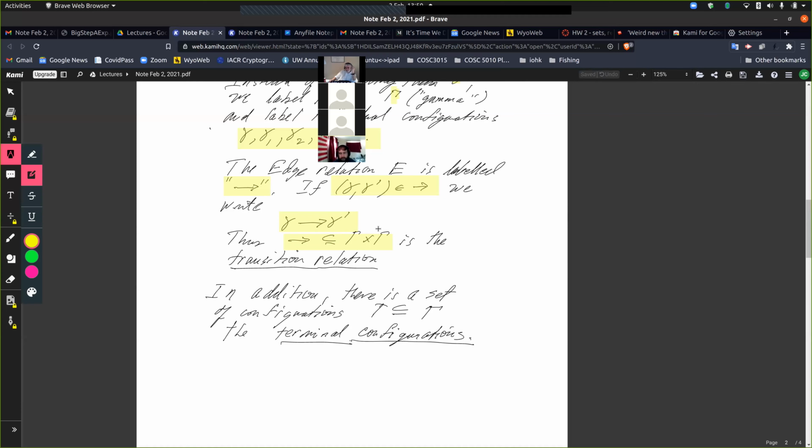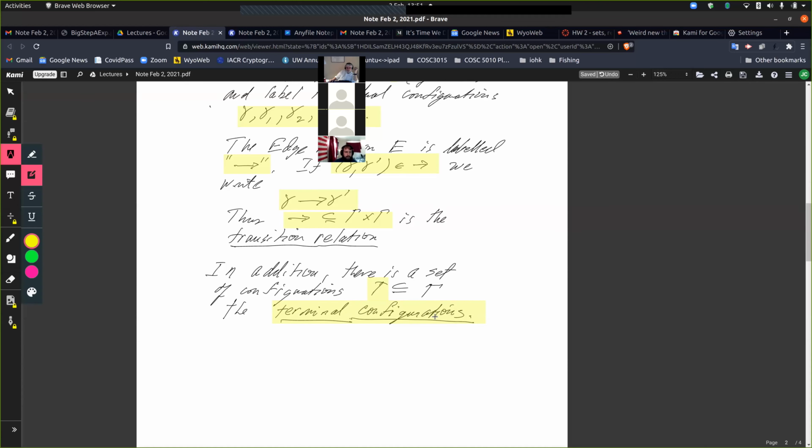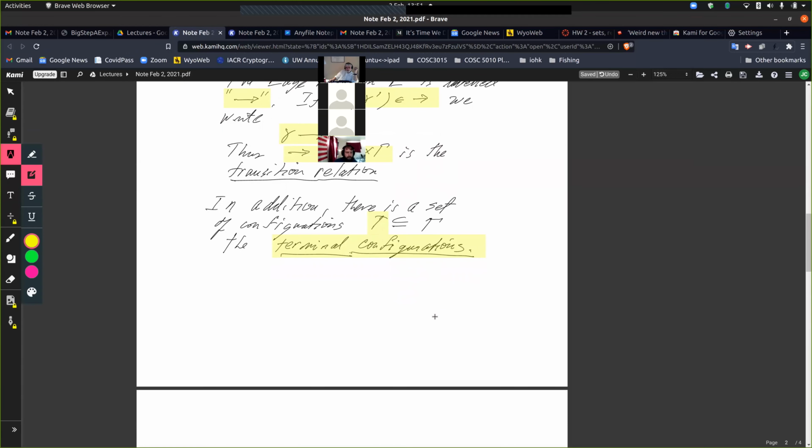Now, we're going to have a third element in the representation of a transition system, which is the set of terminal configurations. These are labeled T, and T is just some subset of gamma that are selected out as the terminal configurations.